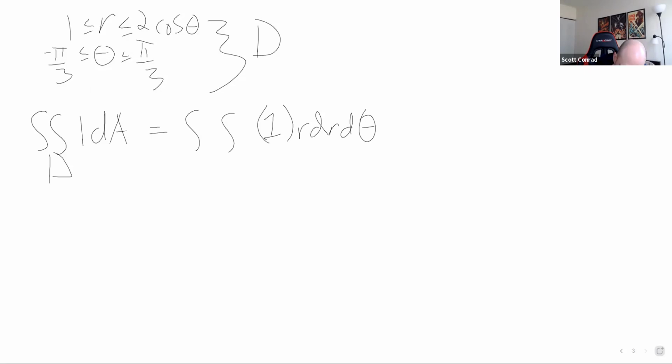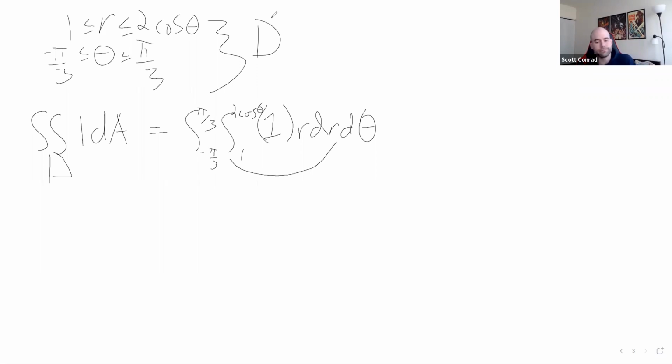And then r goes from 1 up to 2 cos theta, and theta goes from negative pi over 3 up to pi over 3. And so let's integrate.